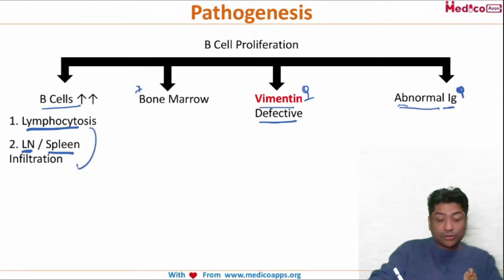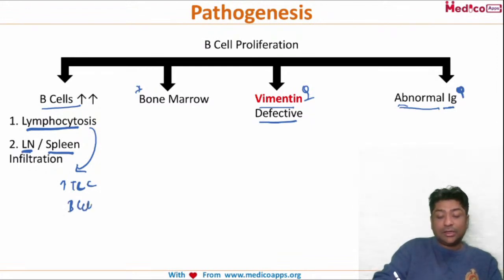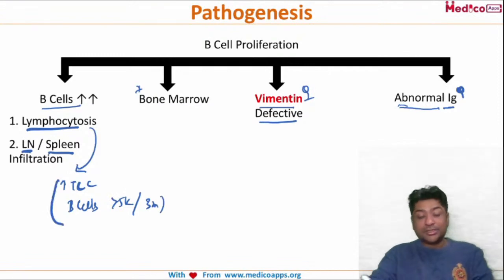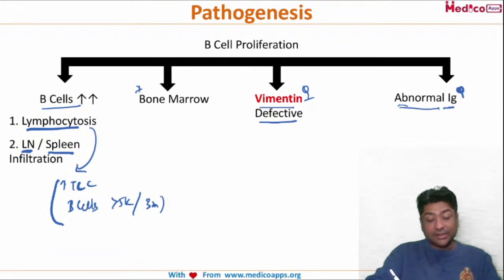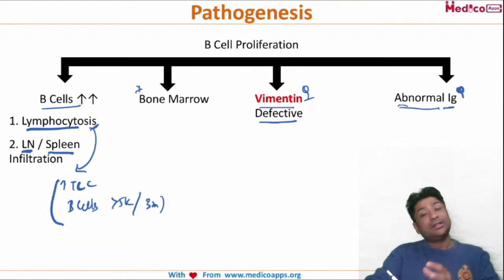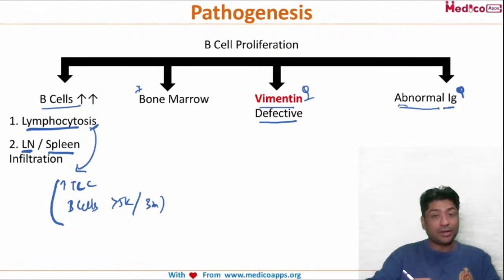Even in the diagnostic criteria, you will see an increase in the TLC, and specifically on differential lymphocyte count, the lymphocytes will be more than 5,000 for 3 months. We'll talk about the diagnostic criteria, but remember that the B cells are increased in the peripheral smear. There is lymphocytosis, and the B cells also infiltrate the lymph node and spleen, leading to lymphadenopathy and splenomegaly. So these are the first set of manifestations.